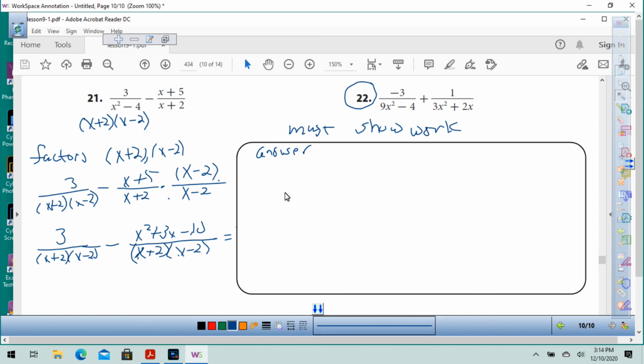Must show work. The answer is going to be negative 2 over x times 3x plus 2 times 3x minus 2. And x cannot equal 0 or plus or minus 2/3. Okay, that will be the answer.